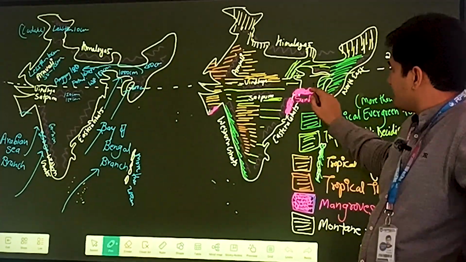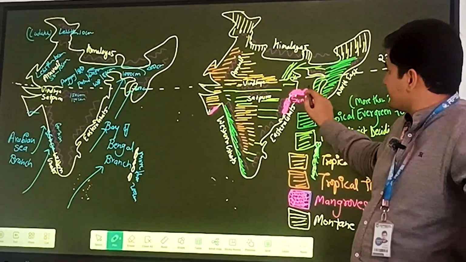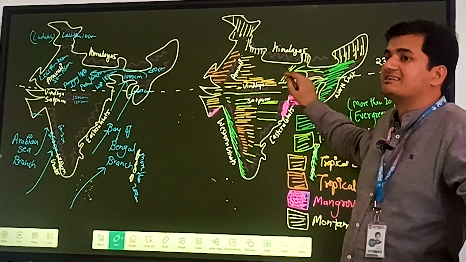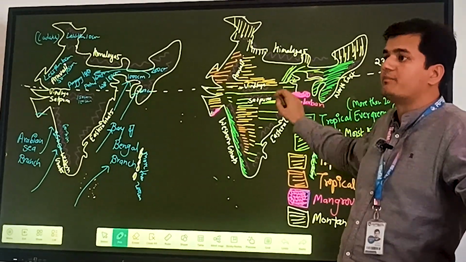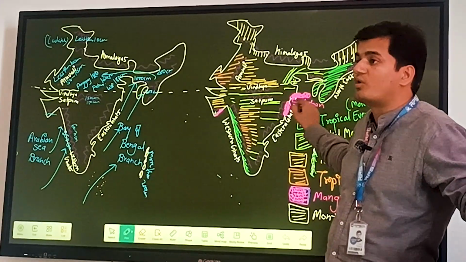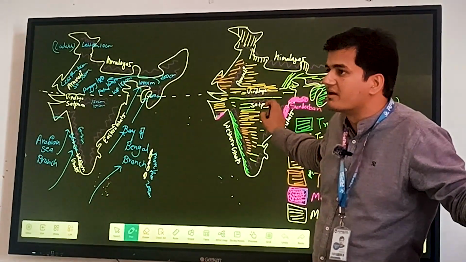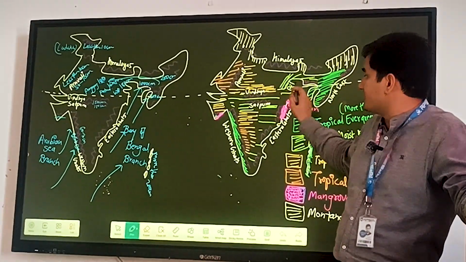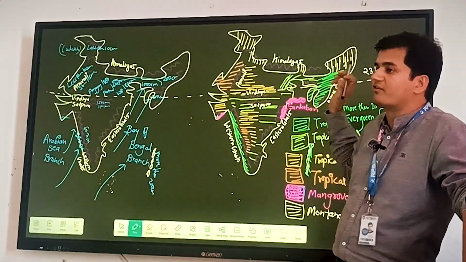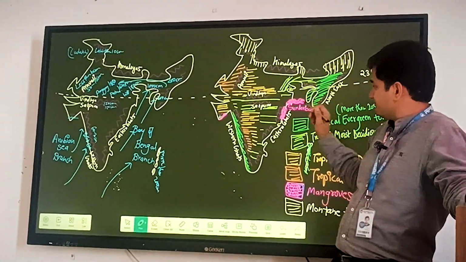Here we have the special kind of forest called mangrove. So these are the regions where we can find the largest mangrove forest on the planet. This region is called Sundarban, right? So this region is called Sundarban, where we can find the largest mangrove forest.